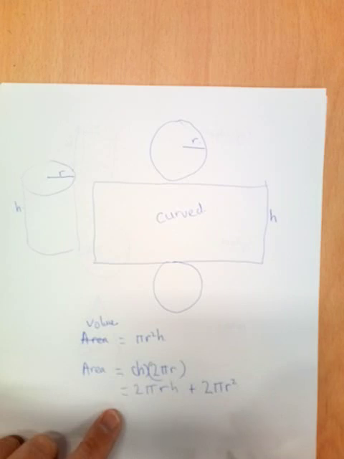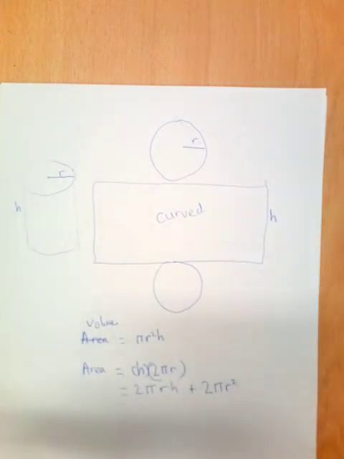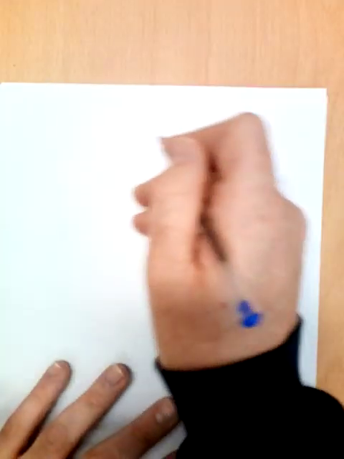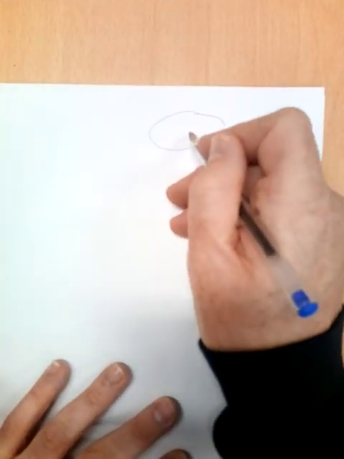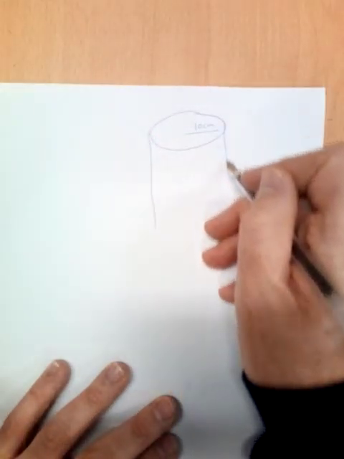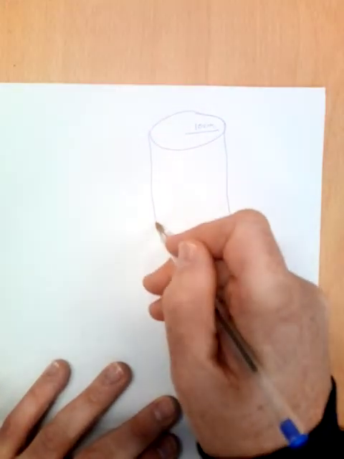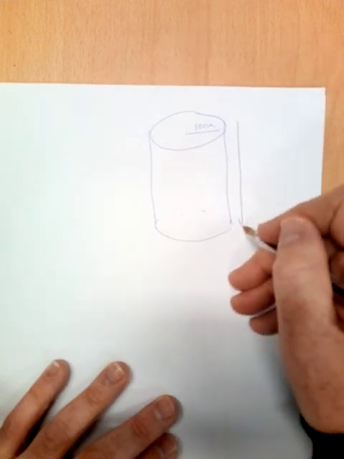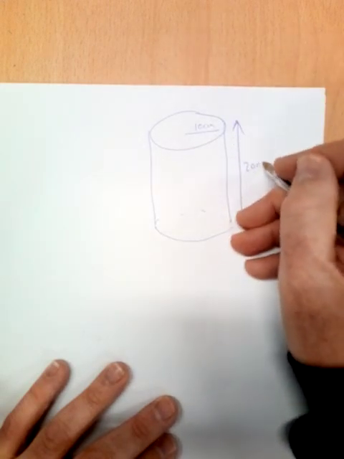Okay? So again, I'll go through this now in an example. So, let's say I have a cylinder of radius 10 centimeters, and it has a height of 20 centimeters.